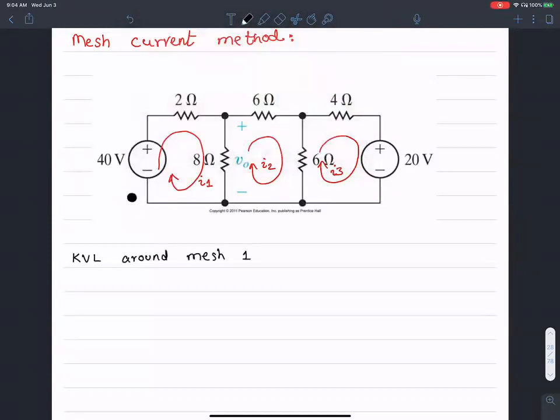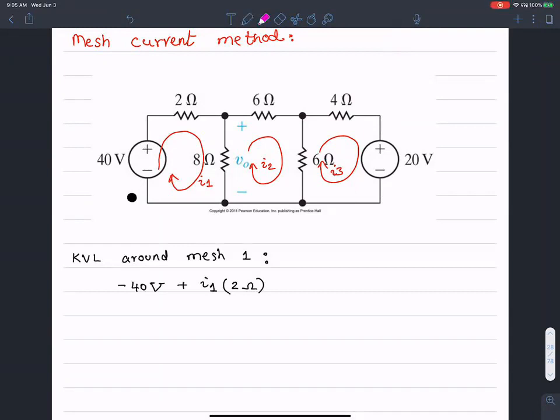When I follow a clockwise path, let's pay attention to the voltage drops, beginning with the negative 40 volts in the independent voltage source over there, followed by, as I follow in this direction, the resistance shown like so. So there is a voltage drop of I1 times 2 ohms.